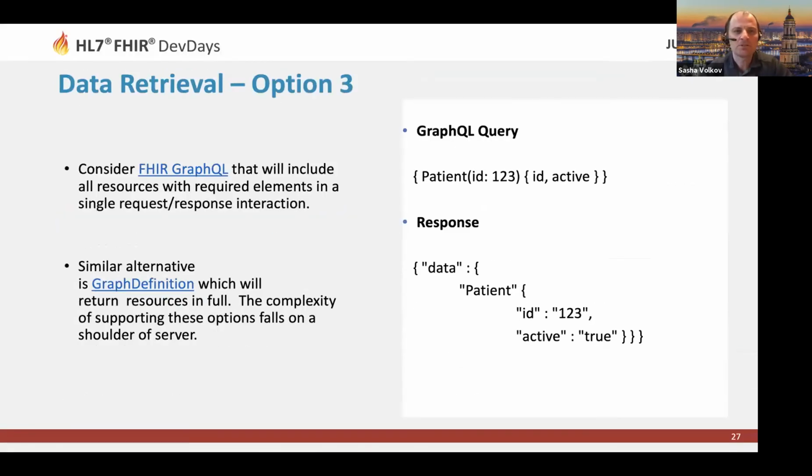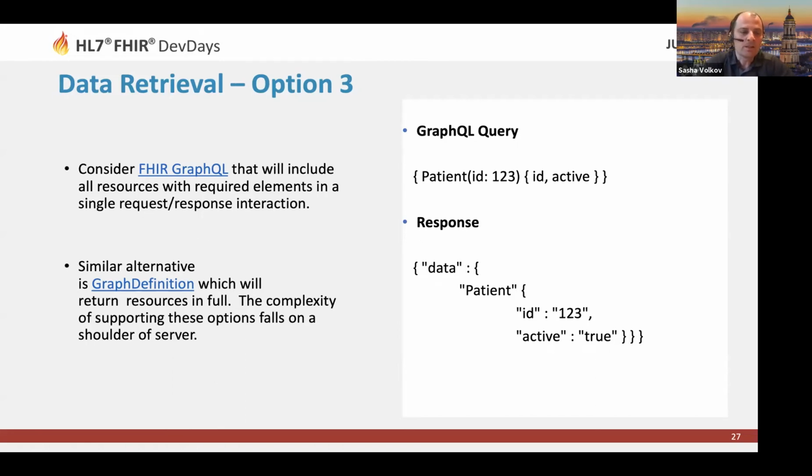I remember two years ago at Redmond, I attended an excellent FHIR Dev Days session with Graham Grieve, and he was talking about exactly the same problem, chattiness in FHIR, and how you can address it. And he actually covered two options. Both of them rely on the fact that the resources in FHIR have relationships with each other, and you can represent them as a directional graph.